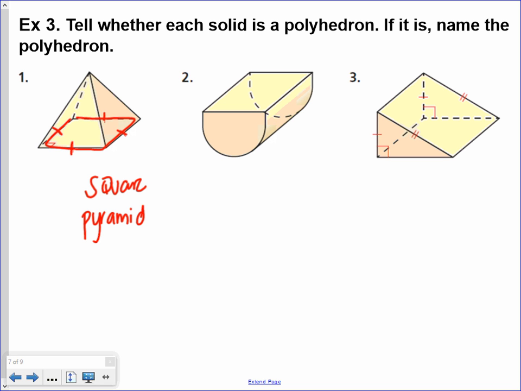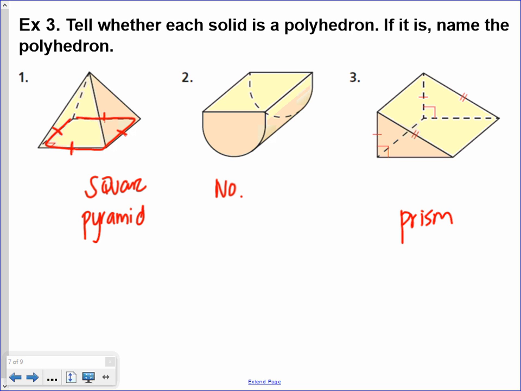Number two. Andrew, is that a polyhedron, number two? No. Not a polyhedron. It's like a half cylinder, but it has curves in it, so not a polyhedron. And then the third one is a polyhedron. Let's go, Zach, prism or pyramid on number three? Prism.